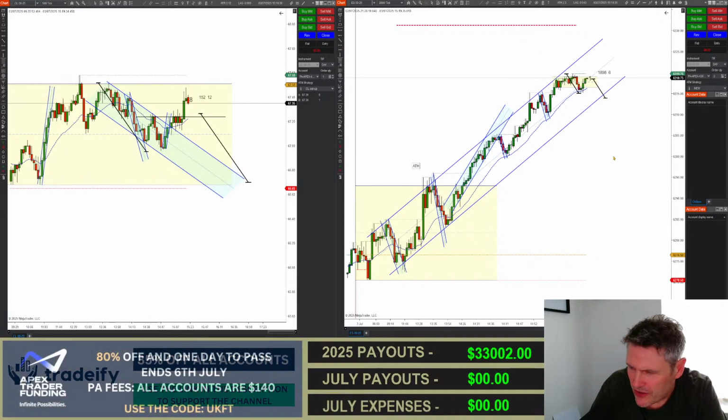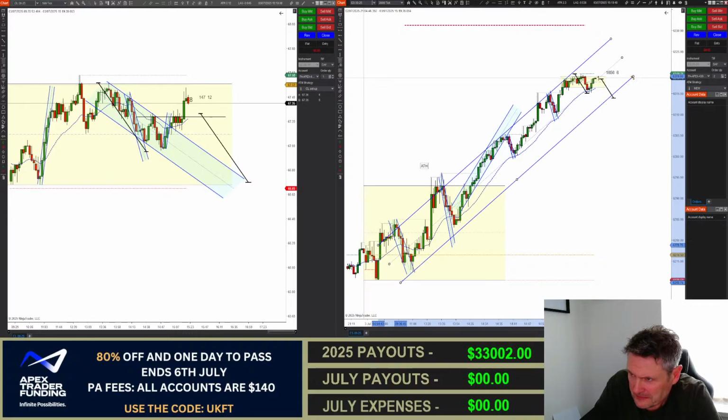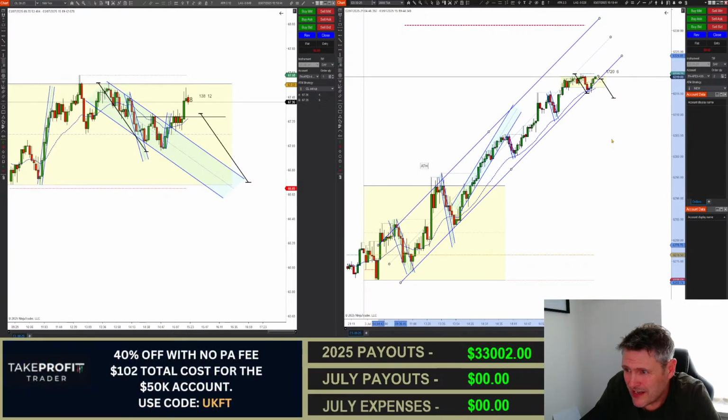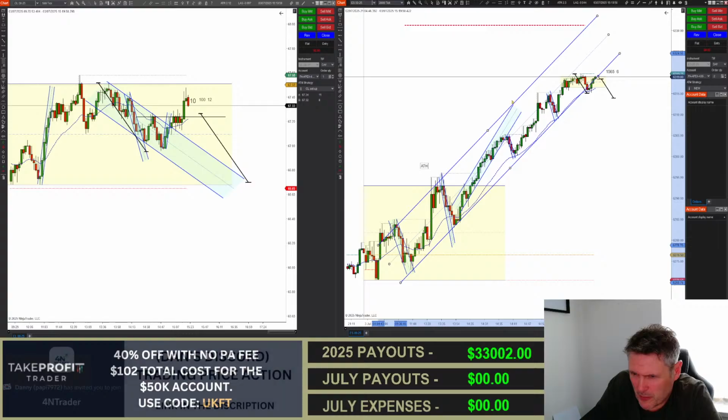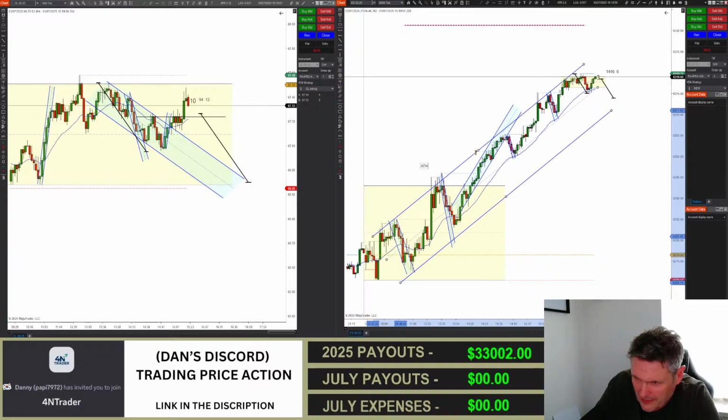I'm not so sure whether that's right. If we have it like this, there's a small break there, or is there? It's hard to say. I wouldn't expect a little break like that to push straight up. It just doesn't happen with such a big move. So my gut feeling is that it's probably like this.